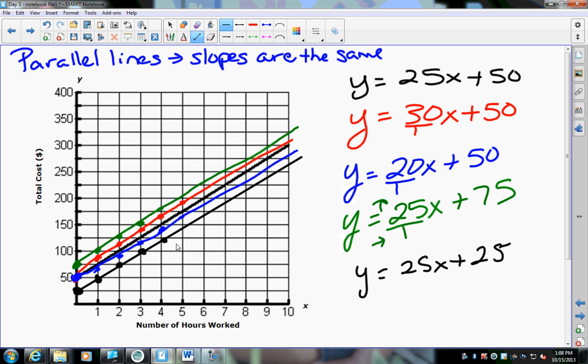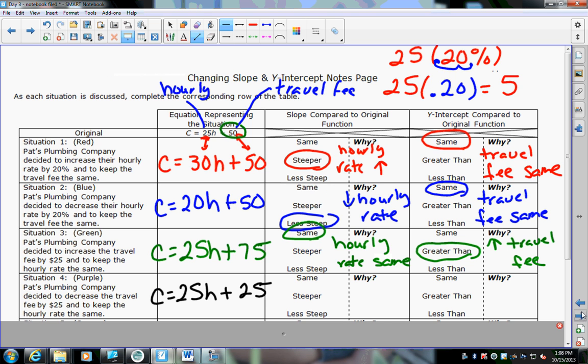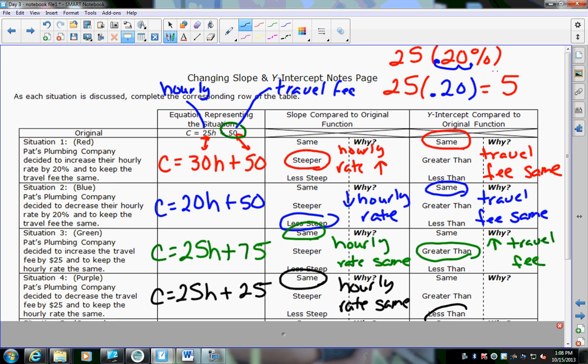I did not change the steepness. I only changed the starting amount. So right here, the slope stayed the same, because the hourly rate is the same. And this time the y-intercept is less than the original because we decreased the travel fee.